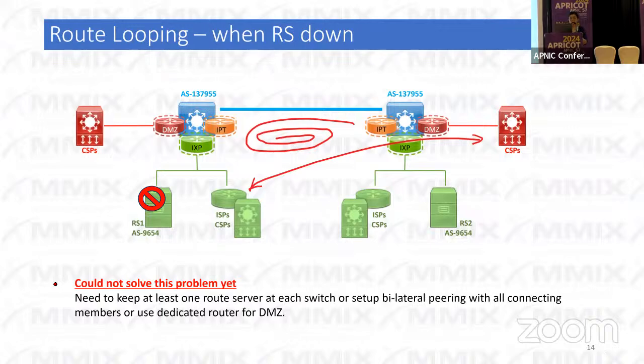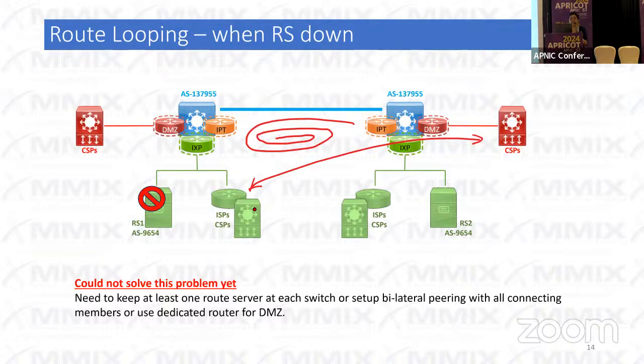Also, a packet from the CDN arrives at the right side, at switch 1. The next hop is pointing to the PRIB address of the ISP. That PRIB address is pointing to the switch 1 interface, so switch 1's loopback IP address in the VXLAN network.